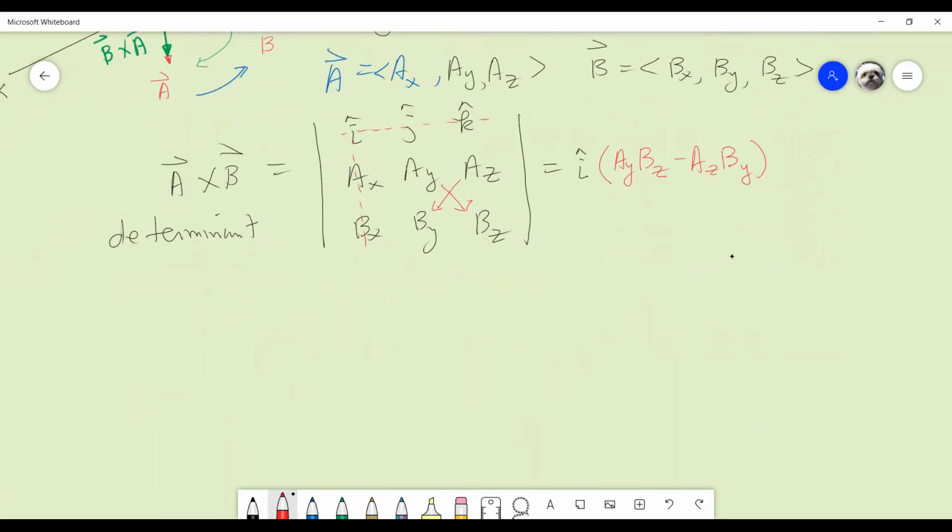Now, how are we going to find the J? Remember that we always have this sign pattern, plus, minus, plus. So therefore, I have a negative sign in front of the J. Then how are you going to evaluate the J?